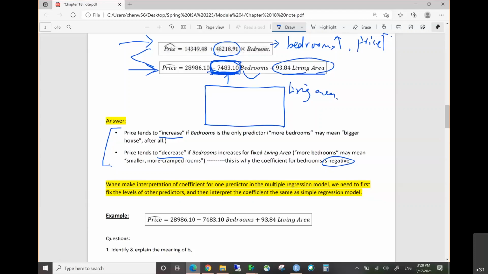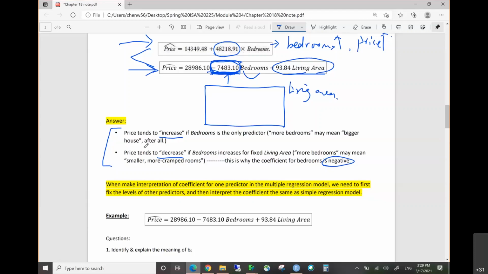Right, so not just add this living area into the multiple regression. Actually, when you add the living area into the regression, we consider the whole effect, the combined effect to the house price.